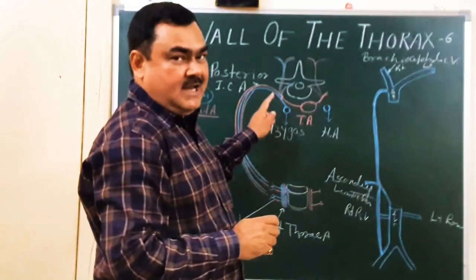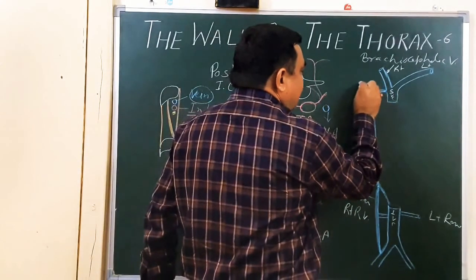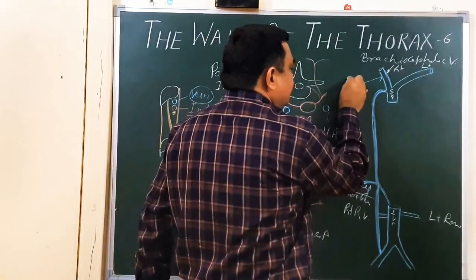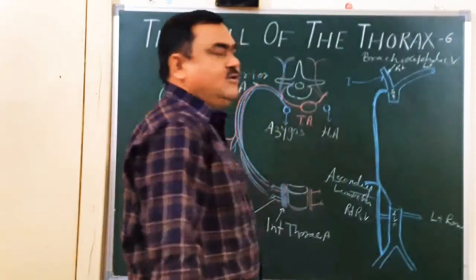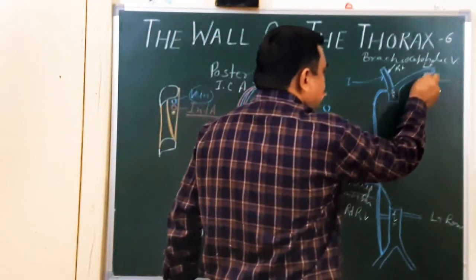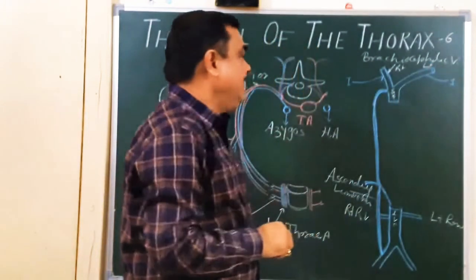Here, first space vein, that is first posterior intercostal vein, drains on the right side into right brachiocephalic vein. On left side, first drains into left brachiocephalic vein.